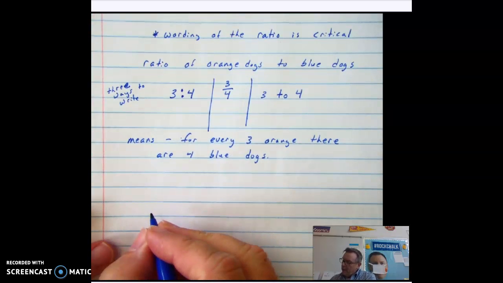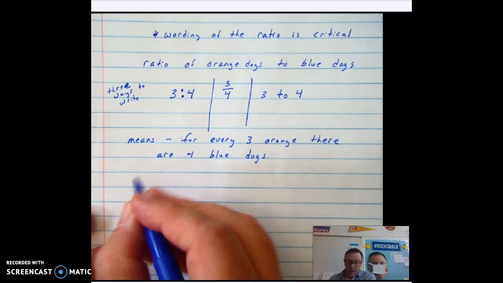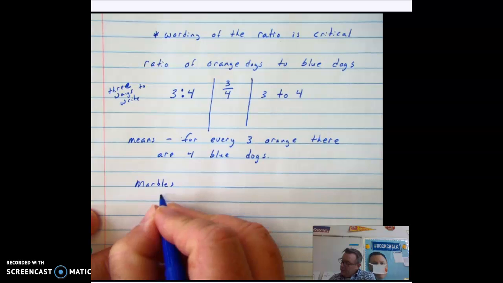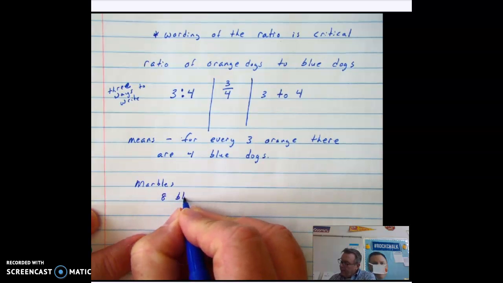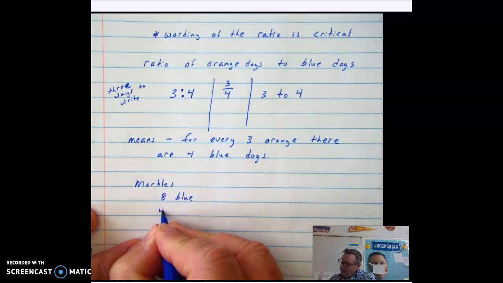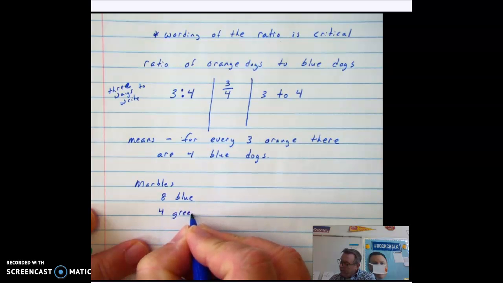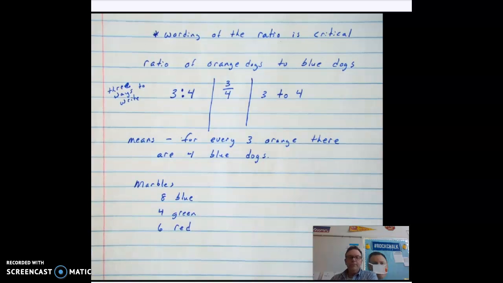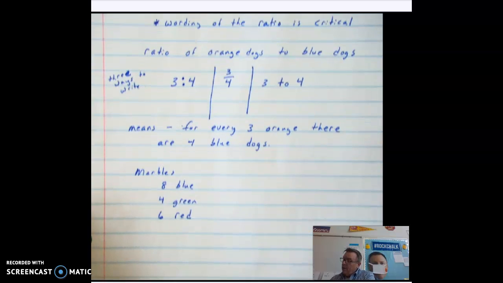Okay, let's do a little comparison. Let's say that we have marbles, and I have 8 blue, 4 green, and 6 red marbles. Give you just a little chance to write that down. Pause if you need to. Okay.